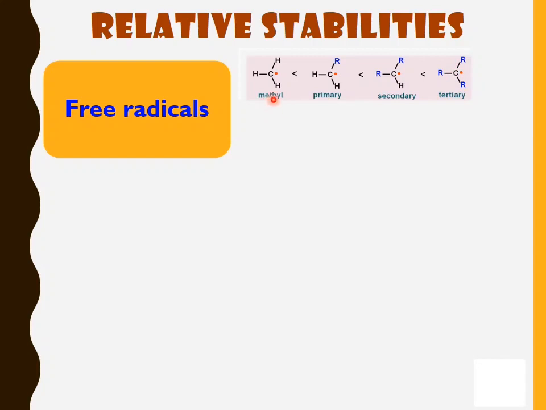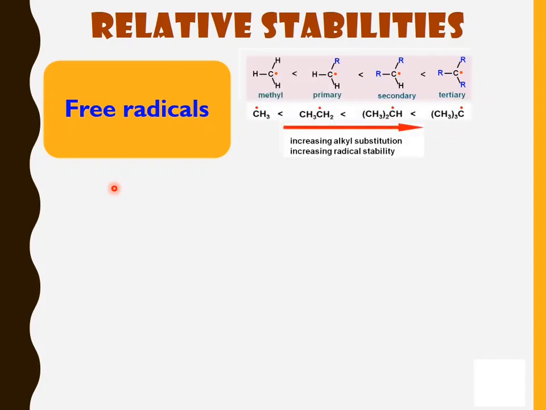This is the difference between methyl, primary, secondary and tertiary. If we look at this example, increasing alkyl substitution will increase the radical stability.